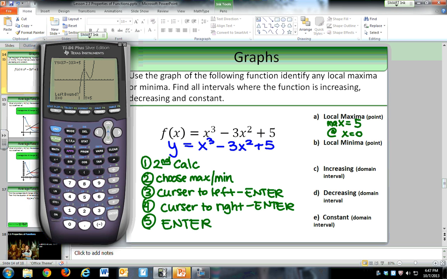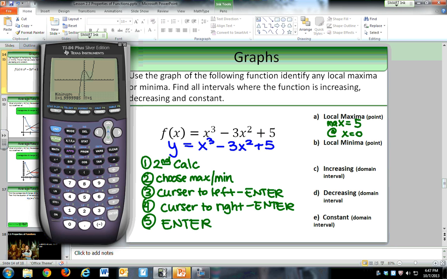Put the cursor to the left of the point we're trying to find and hit enter. Now it says right bound, so I put my cursor to the right of it and hit enter. For the guess, get it kind of close, enter, and then it gives you the answer.